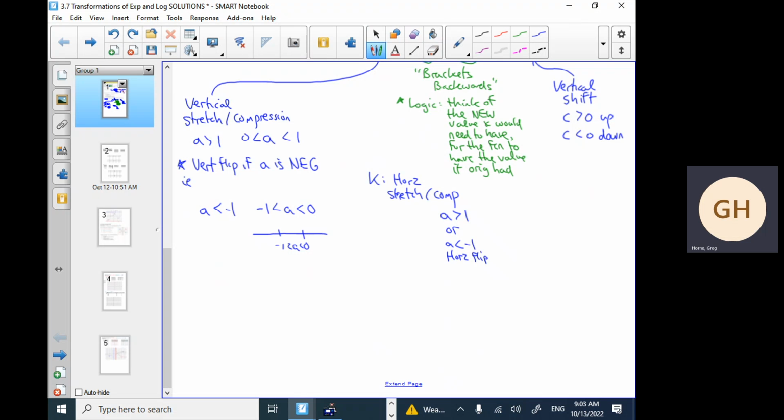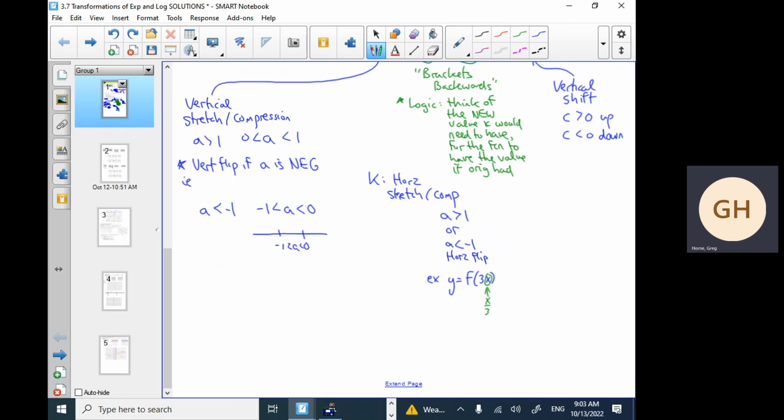Just as an example of that, so what I mean by this. If you had a function operating on 3x, well, think about the fact that x itself would have to be x over 3 in order for the function to operate on it, but originally would have, whatever x was, right?